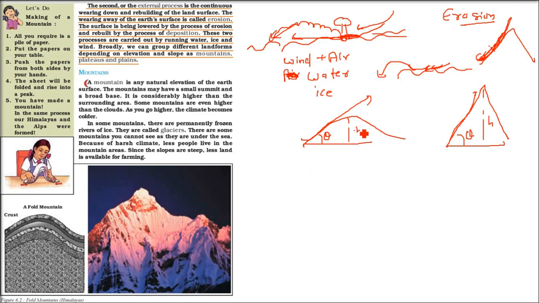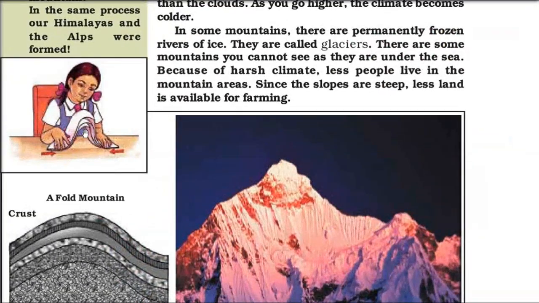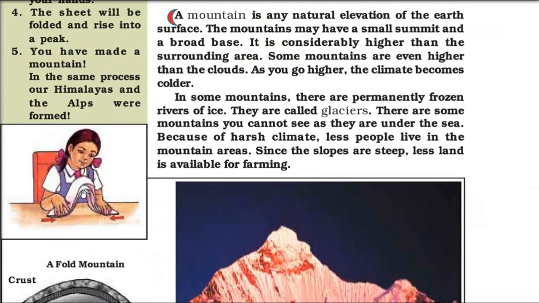And slope is the angle of elevation or the relief. Relief is also the inclination. So there are various things happening: height, steepness, angle, all these combined. So we can divide these landforms into three forms: mountains, plateaus, and plains. Mountains, pahar. So how has the mountain come? There is a girl, if you see here, she has just taken some paper or sheets or any other thing which can be pressed.